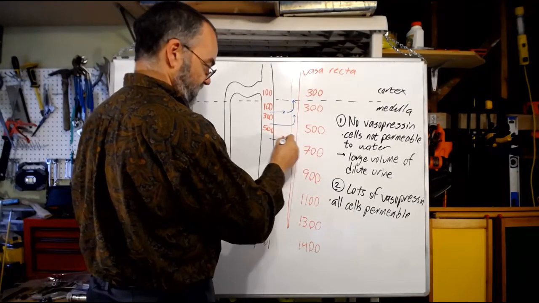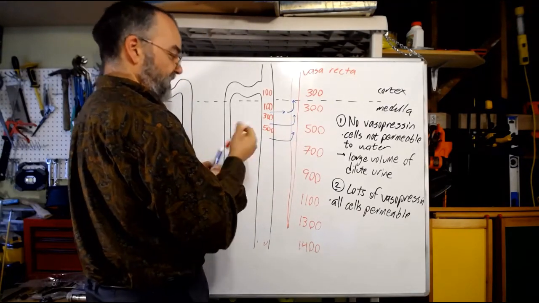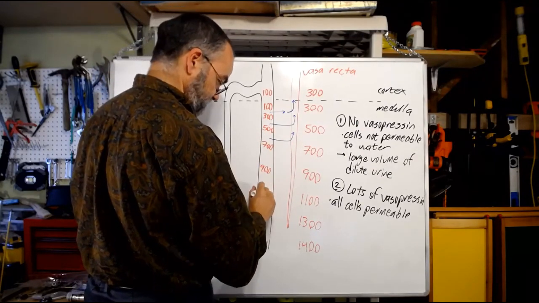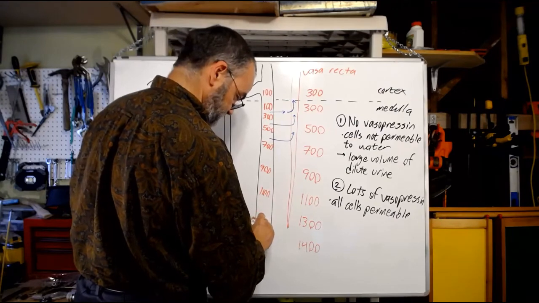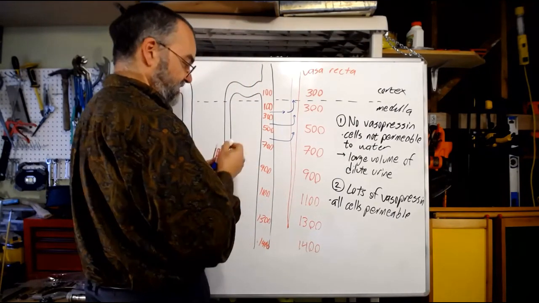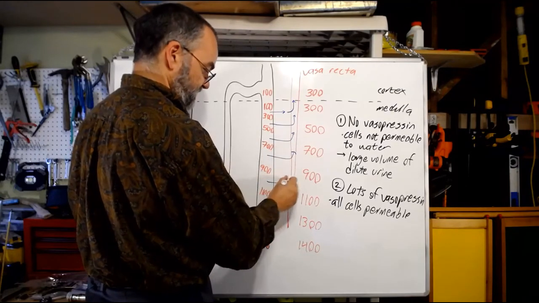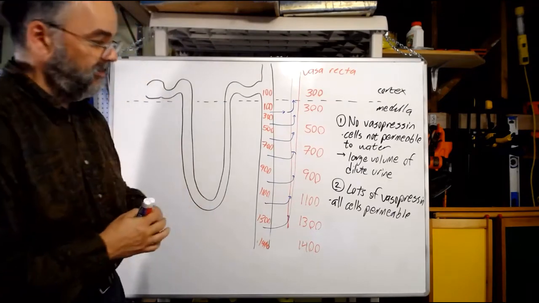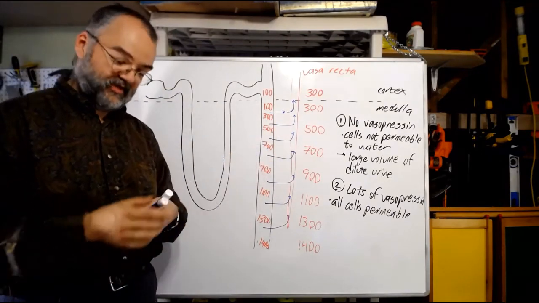And water is drawn out, and you get the idea. So if there's a lot of vasopressin, so that all of these cells become permeable, then we reabsorb all of this water.